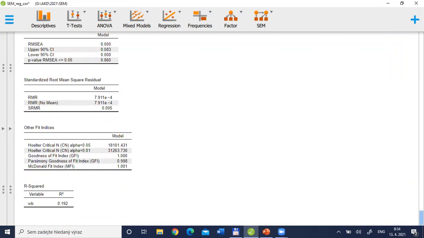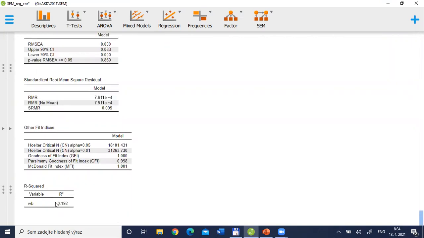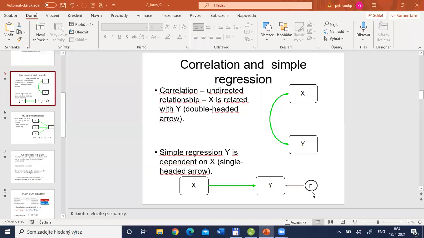So it seems correct. If 81% is unexplained, 19 is explained, the proportion of variance. So this is the meaning of this symbol, dependent variable, double tilde, dependent variable. Once again, this is the variance for random error, which is related to the dependent variable in structural equation models.